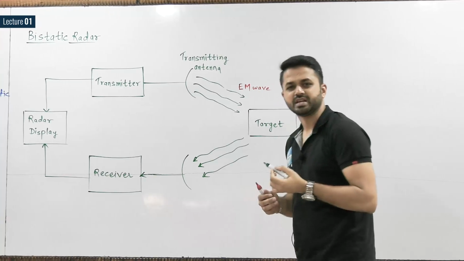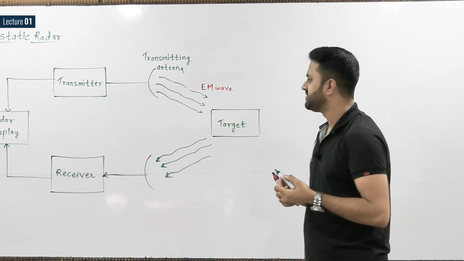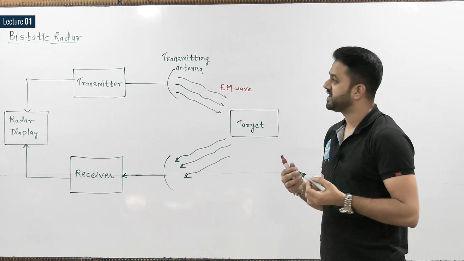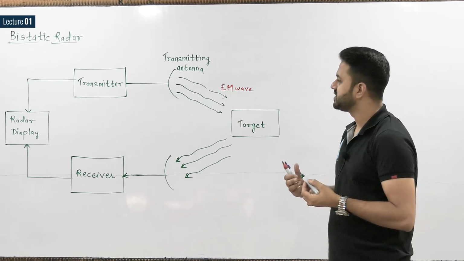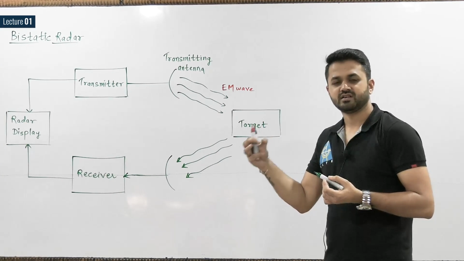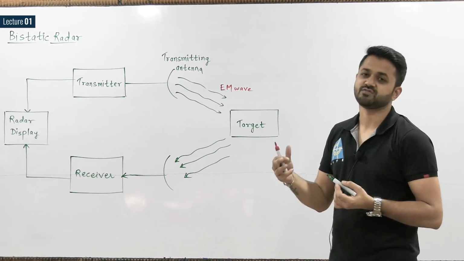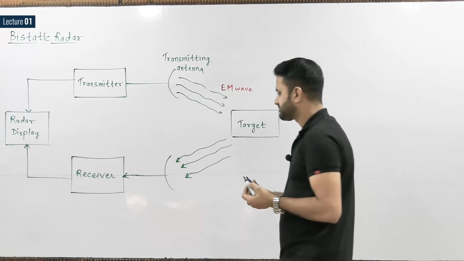A type display, B type display, O type display. There are many different types of display, and that is important from the point of view of preparing for the ISRO exam, because sometimes they may ask a question from the radar display as well.